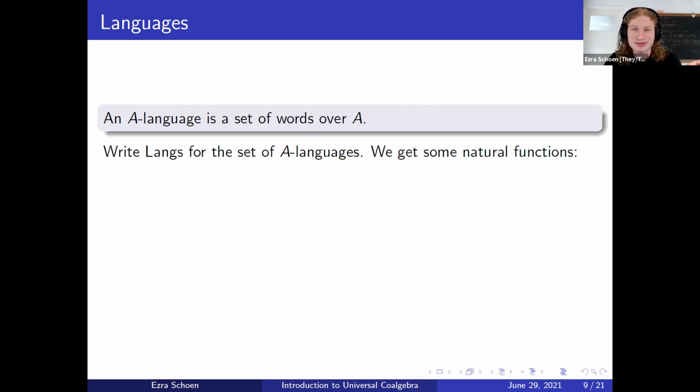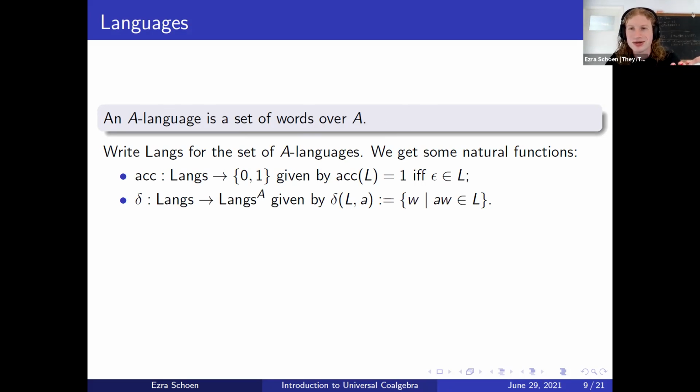And as previously with the streams, we can give it the structure of a coalgebra by saying that a language is accepting if and only if it contains the empty word. And you can take transitions by just eating up an A if you're given it.